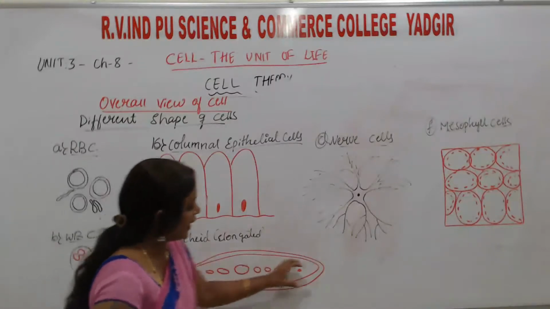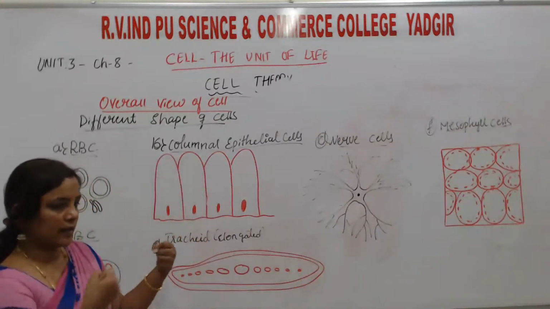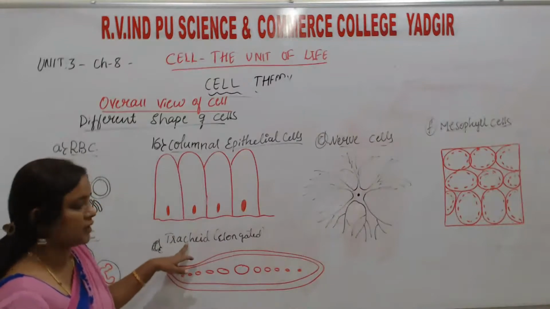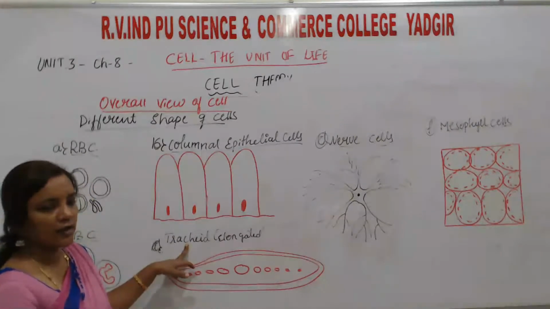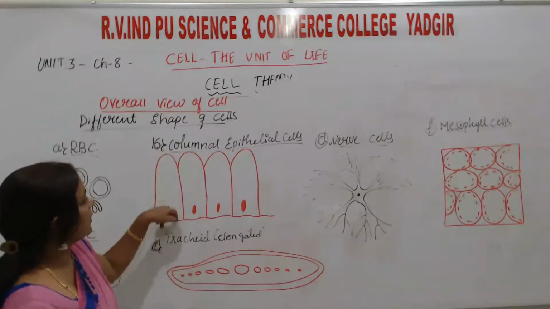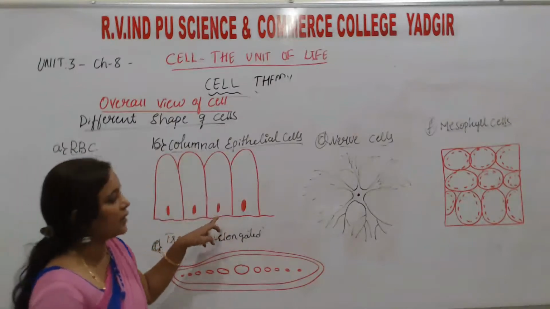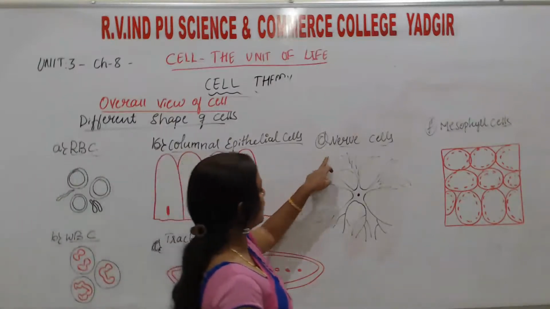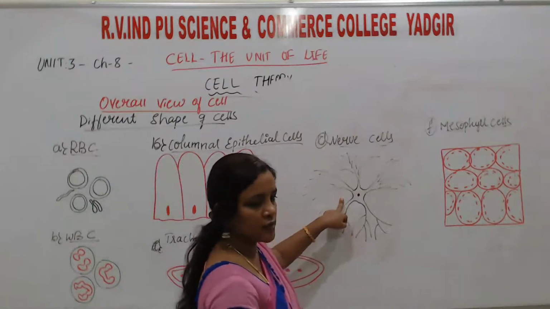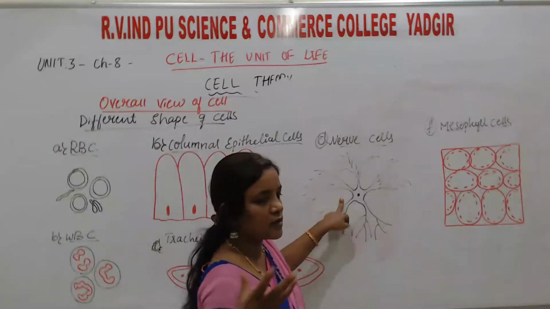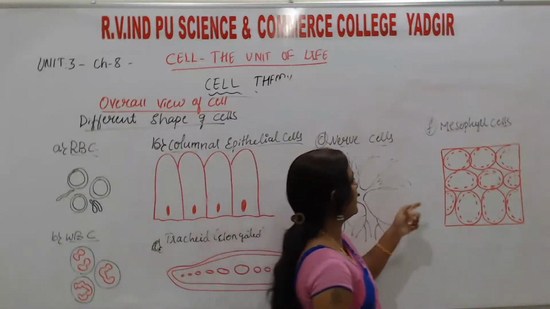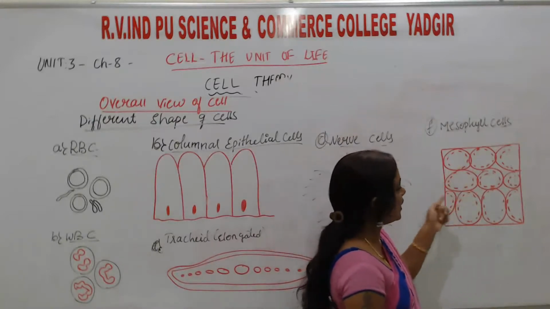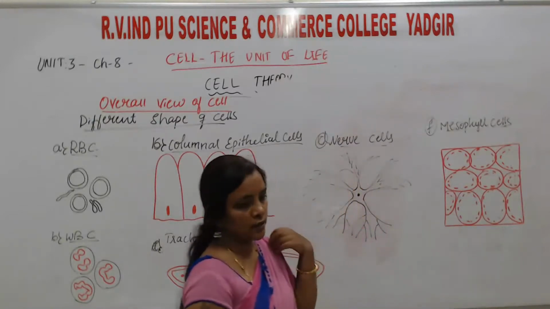Trachea is elongated. The columnar epithelium is a column-like structure. In the nervous system we have the longest cell, which is the nerve cell, and mesophyll cells you can see in a spherical shape.